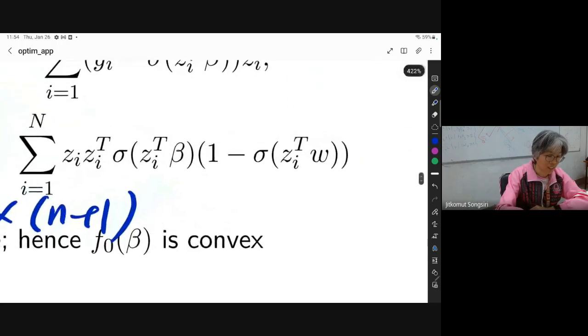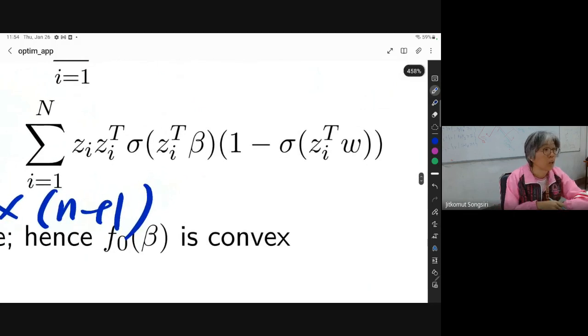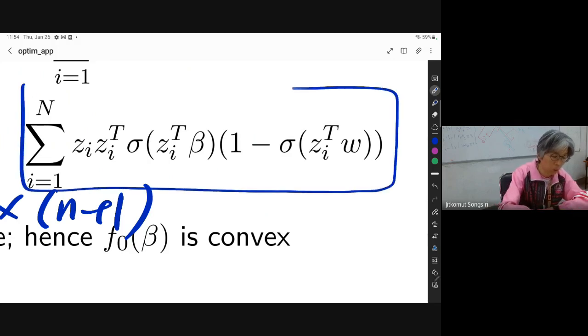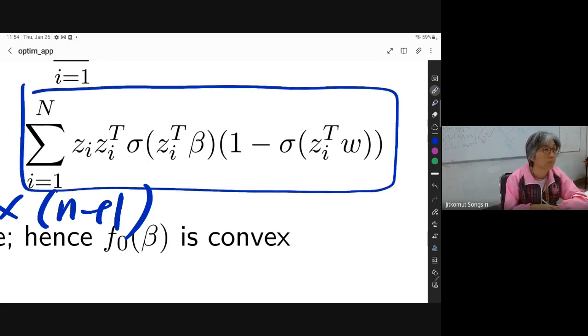Now, let's take a look closely. We don't know yet if the cost objective is convex or not, but we can take a look at the Hessian matrix. Is the Hessian matrix always positive semi-definite or not? It's a sum of several things.